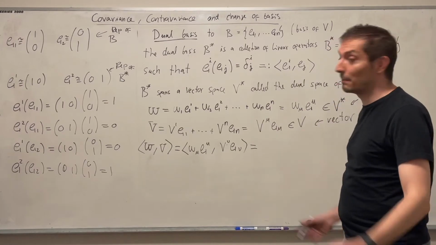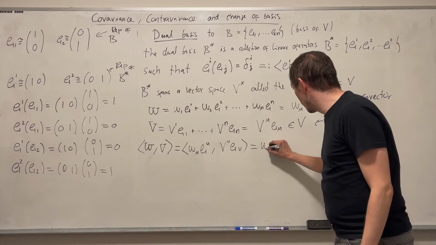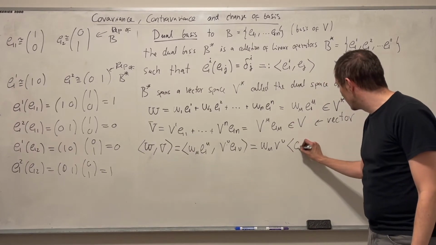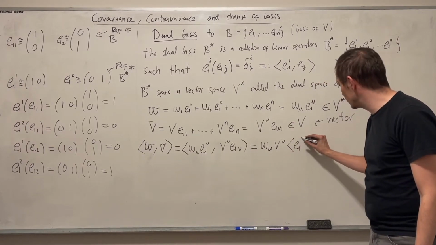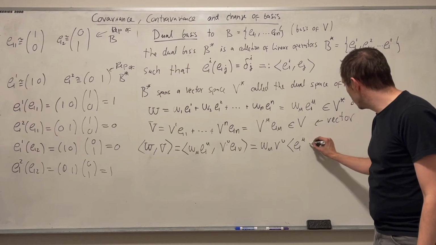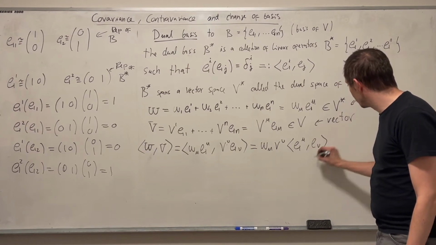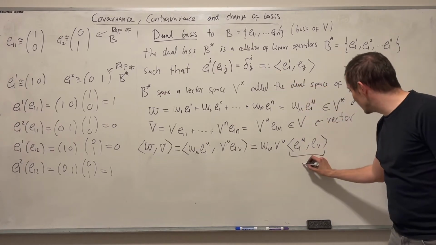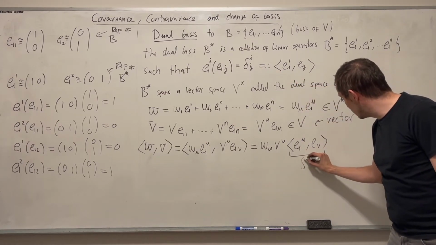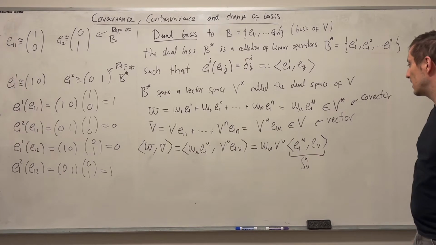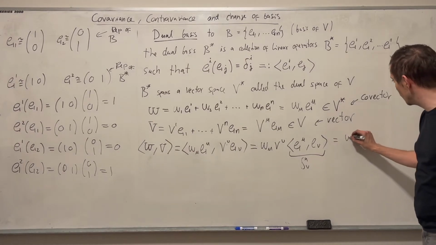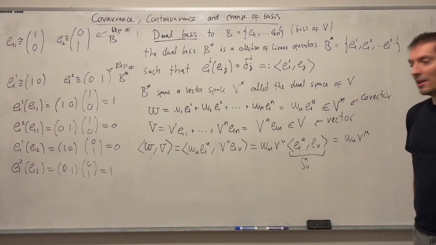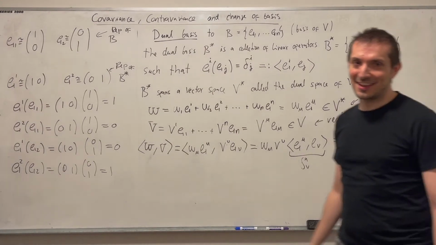This is a bilinear operation. So omega_mu V^nu, and I left the vectors in: E^mu acting on E_nu. Of course this thing is a delta, delta^mu_nu, and because it's a delta, this becomes omega_mu V^mu. So the sum of components, one to one.